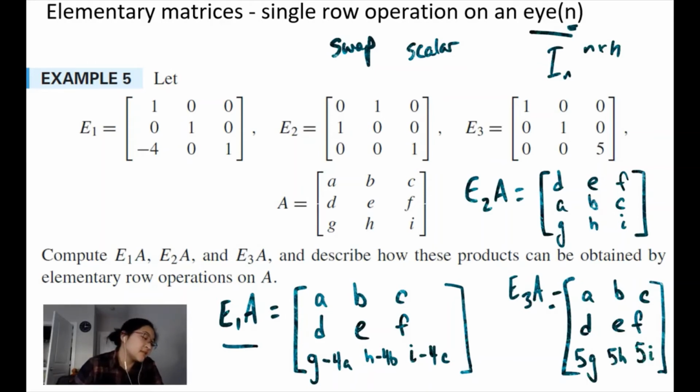So that's what's happening. Note that we are multiplying the elementary matrix on the left.